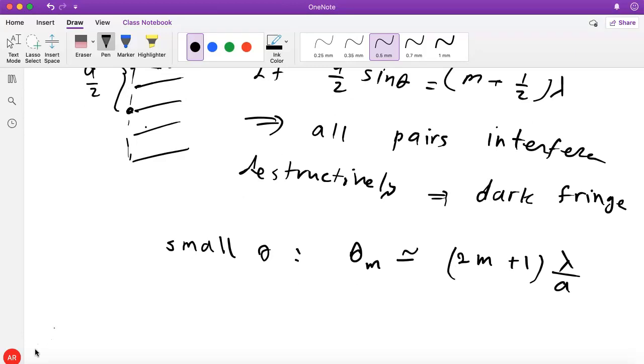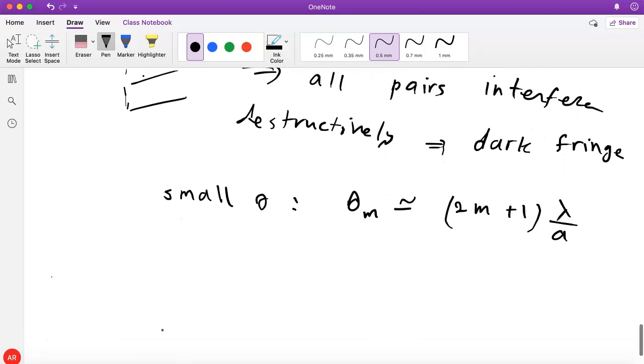So we found some angles where we are guaranteed to get destructive interference. In this case, it's an odd multiple of lambda over a. But we haven't shown that these are the only angles, and it turns out that they're not. So these are only half of the angles, as we'll see later.